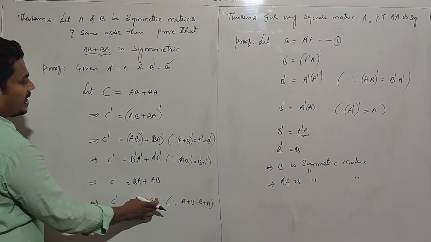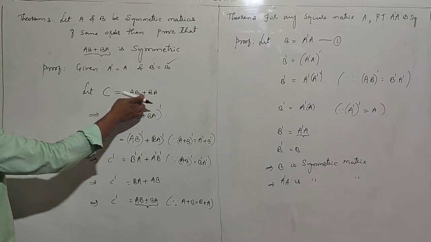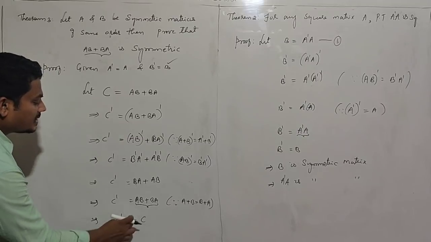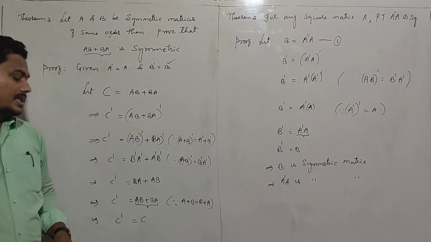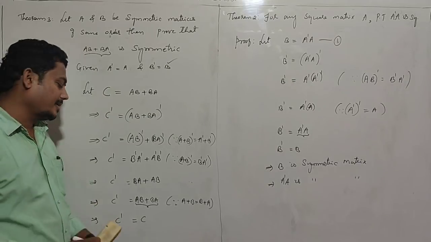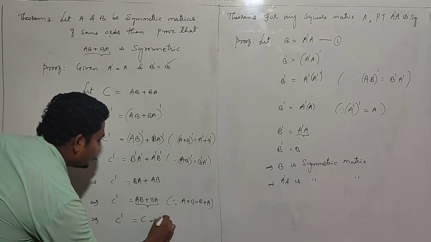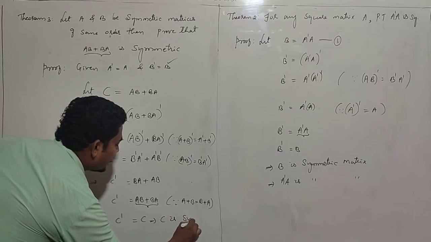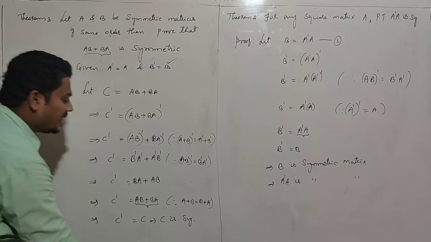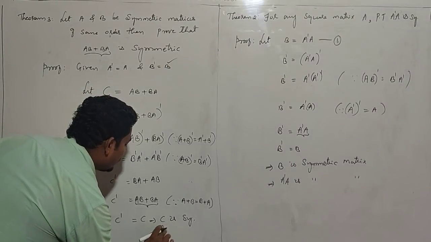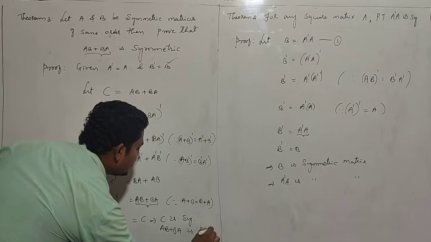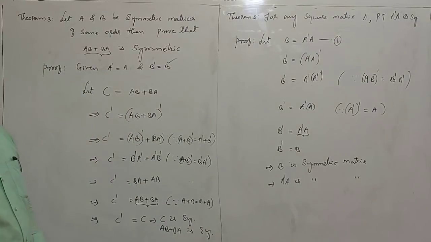What is AB plus BA? From the consideration AB plus BA is matrix C, means C transpose equal to C. Then what you conclude? C transpose equal to C means we conclude C is symmetric. C is symmetric means what is C? C is nothing but AB plus BA. C is symmetric. Therefore, AB plus BA is symmetric. This is our required proof.